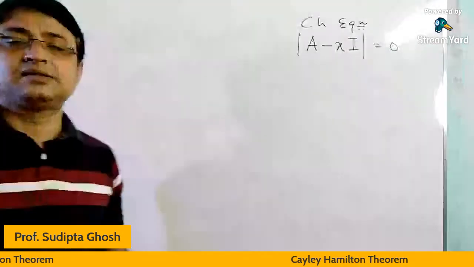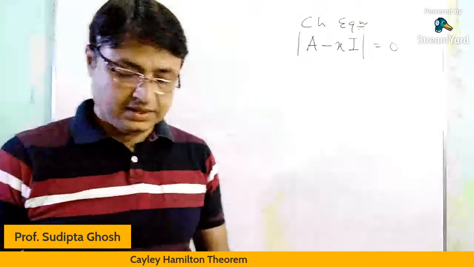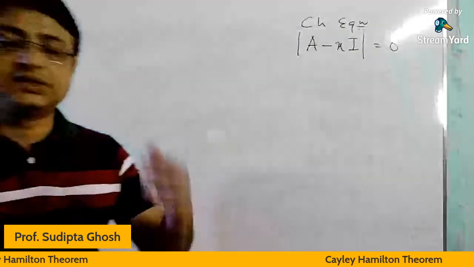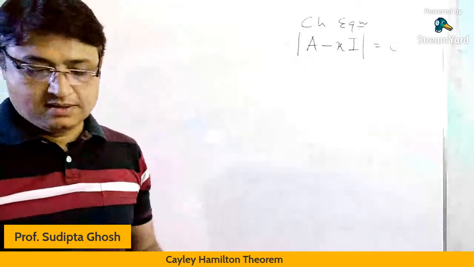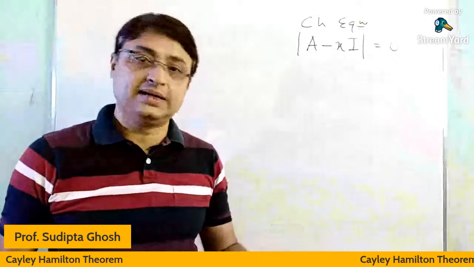Now let's move on to the Cayley-Hamilton theorem. Every square matrix A must satisfy its own characteristic equation.